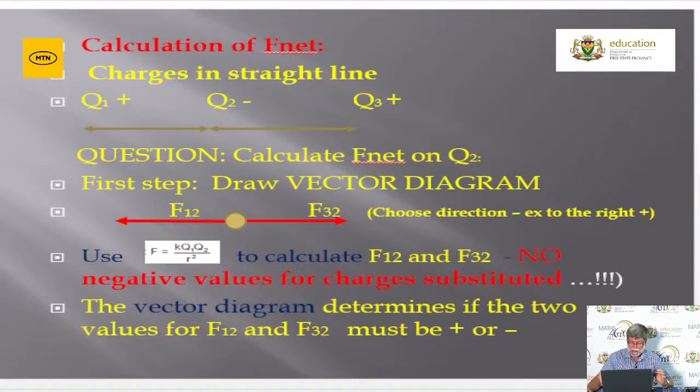It is the vector diagram that determines what you must do to get F net, if you must subtract or if you must add. And on the next page, I just repeat the importance that the vector diagram determines what you must do with the two forces to get to the answer. Remember, interpret your answer.